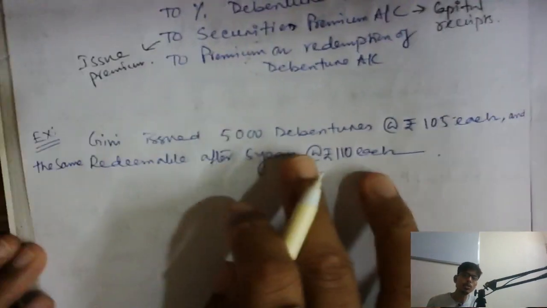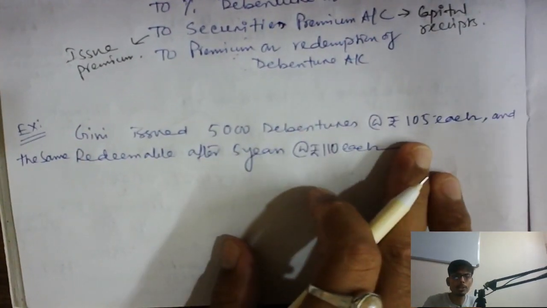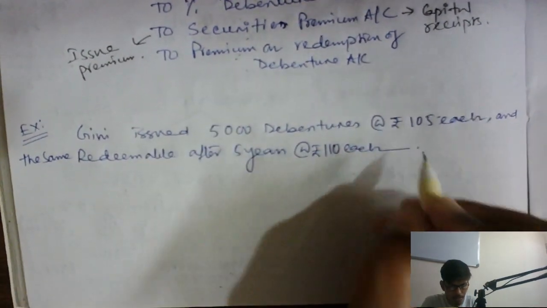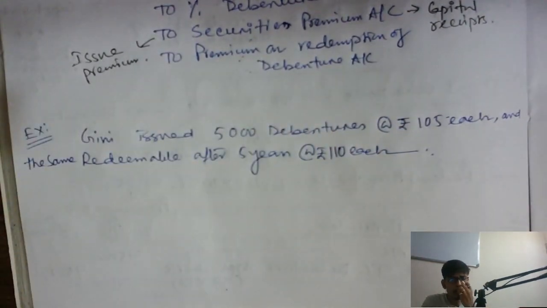So Genie issued 5,000 debentures at the rate of 105 each, and the same will be redeemable after 5 years at the rate of 110 each. Here no such application allotment concept is there.